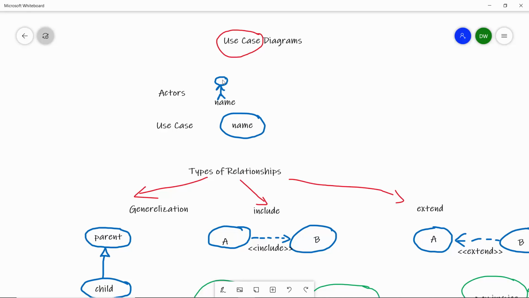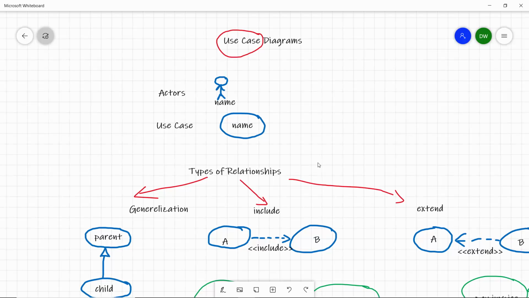After drawing the actor, you have to write the name of the actor, and within the use case symbol, you have to write the name of that use case. The name of the use case will always be an action, a verb, but the name of the actor will be a noun, right? Those are the things you have to remember when you draw actors and use cases.